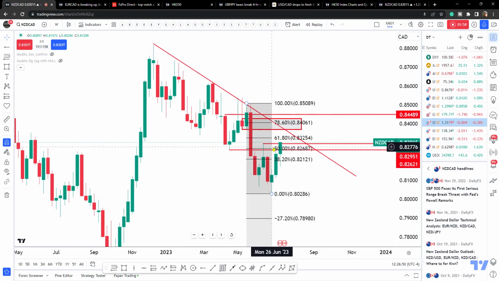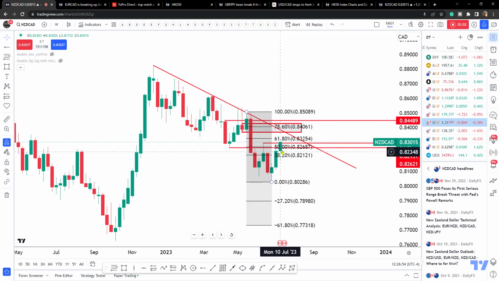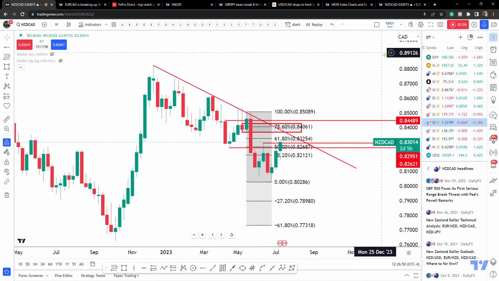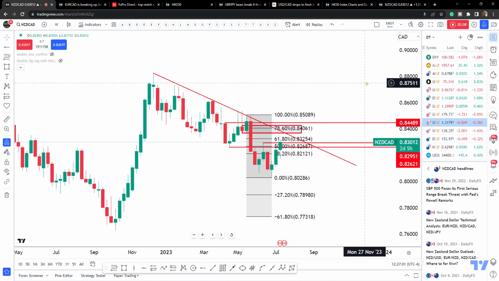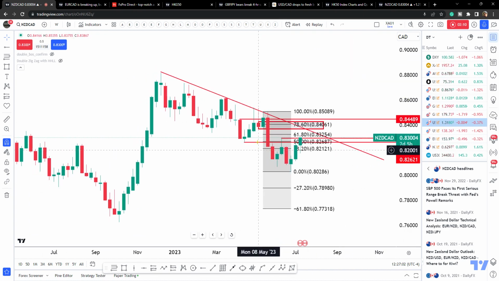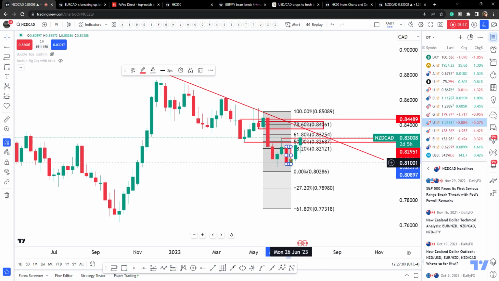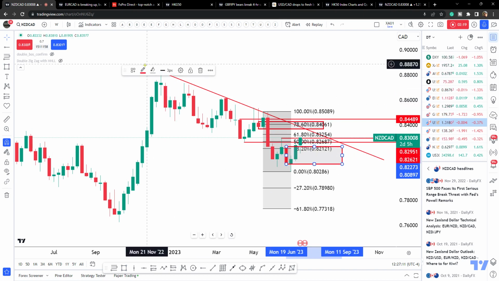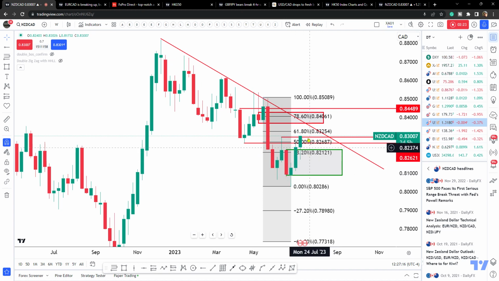We've burst through the 50% mean reversion of that range, and eyes over here on the 78.6 for a continuation. Keeping in mind that we are leaving behind this support block. So we're moving out of that, but we might see a pullback for the next move higher.